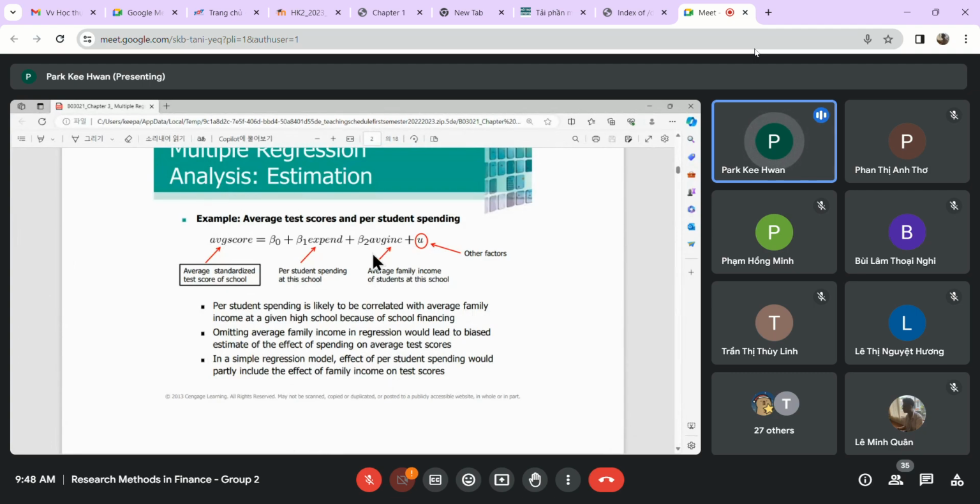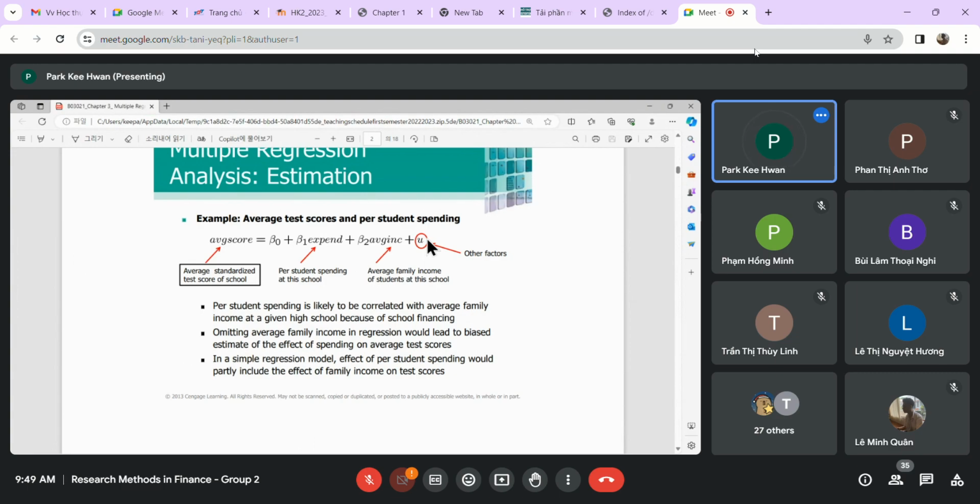Suppose that you omit average income in your regression, so you run a simple regression. Okay, and you estimate the beta one, the slope parameter of the expenditure, and that estimate will not only include the effect of spending, but also the effect of average income, which is contained in the error term.